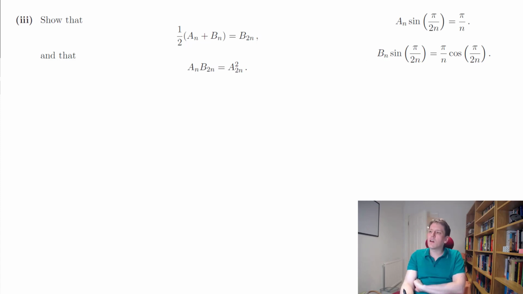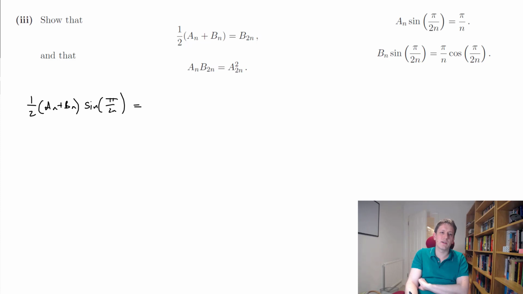So let's do the first one then. These identities both have sine pi over 2n, so I felt it was quite natural for the first one, rather than a half (an plus bn), to write a half (an plus bn) multiplied by sine of pi divided by 2n.